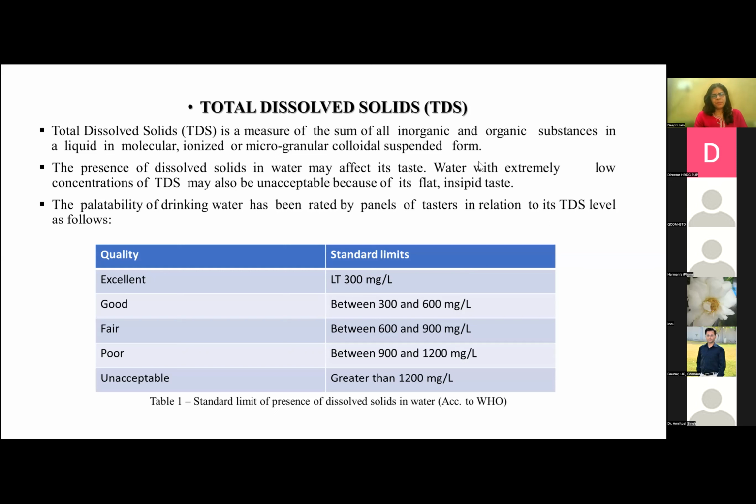If it is between 600 to 900, it is also okay, not bad, fair enough. But if it is 900 to 1200, then it has a poor taste. And if it is greater than 1200 mg per liter, then it is unacceptable. It is the standard limit of presence of dissolved solids in any water.